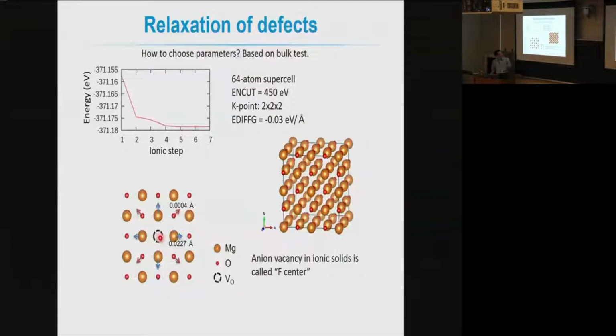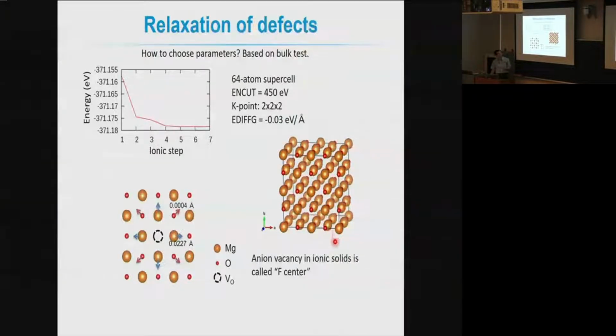However, since we have to impose the periodic boundary condition within the calculations, what we are doing here is that we artificially repeat the vacancy in certain regular patterns, such that there is a supercell, and one defect is included in each supercell.